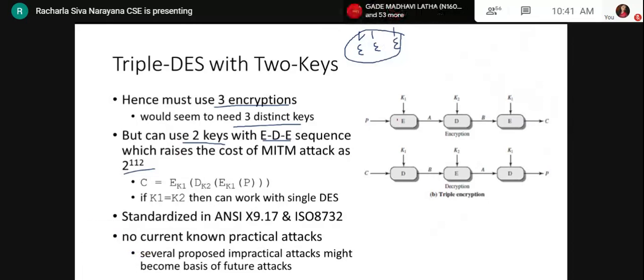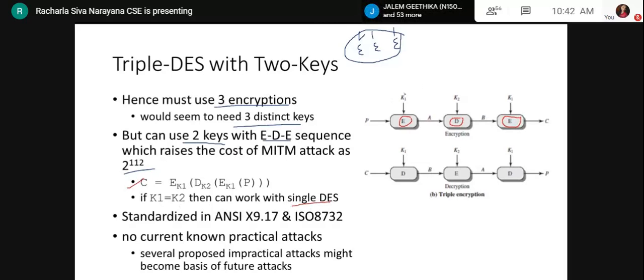Initially we perform DES encryption with K1, then DES decryption with K2, and then again DES encryption with K1. This is the mathematical equation, and if K1 and K2 are equal, it works as single DES.